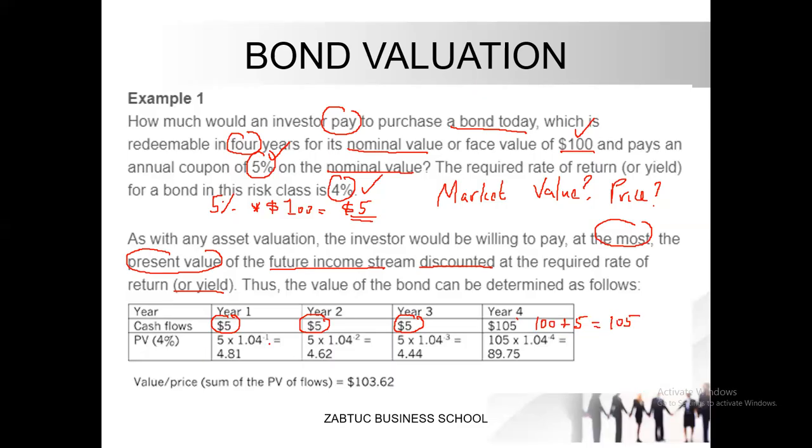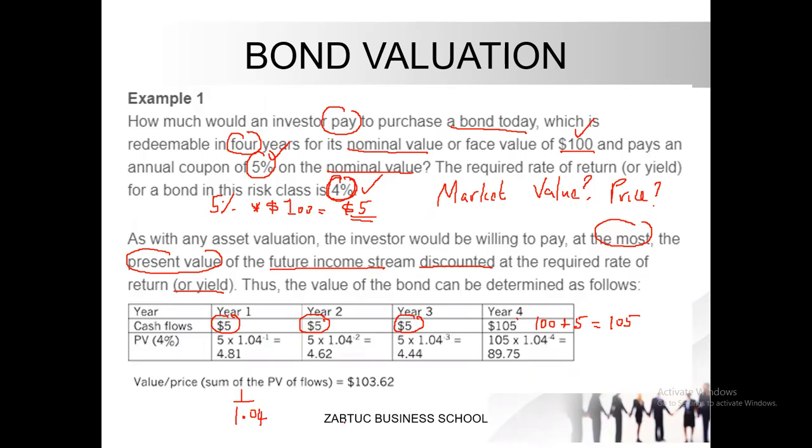Then we discount this at 4%. Where is the 4%? The 4% is here. So discount at 4%. Now some of you may say, but what is this 1.04, Mr. Piri? This 1.04 is a discount rate. It's 1 over 1.04.